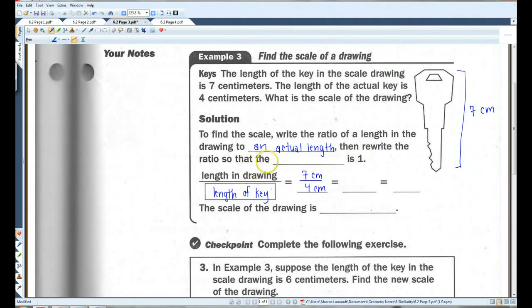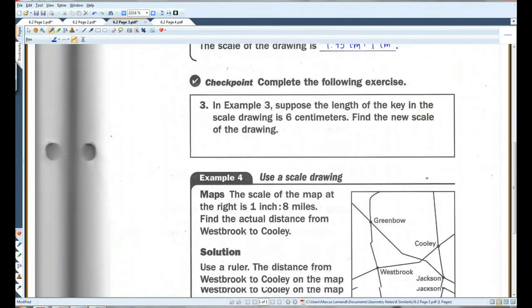Then rewrite the ratio so the denominator is 1. So I'm going to divide top and bottom by 4. The centimeters are going to cancel out. If I divide top and bottom by 4, I get 1.75 over 1. Which is just 1.75. So the scale of the drawing is 1.75 centimeters to 1 centimeter. Okay. Alright, checkpoint, I'll let you do that.